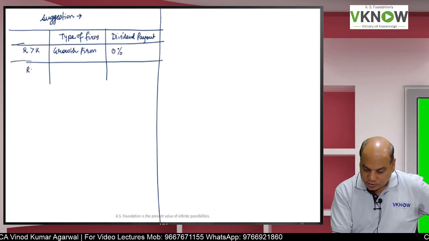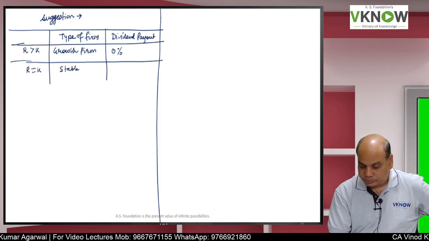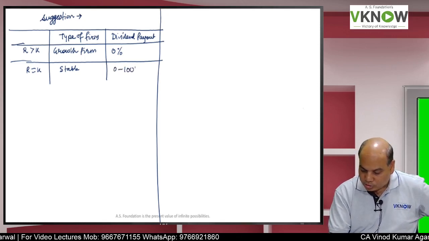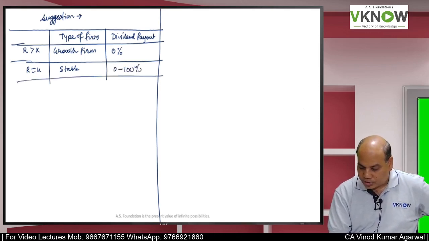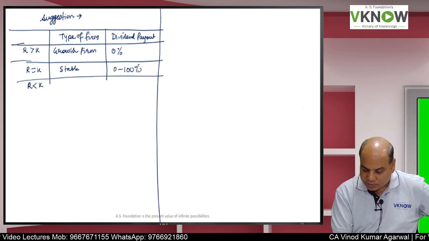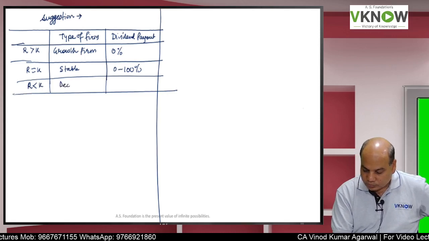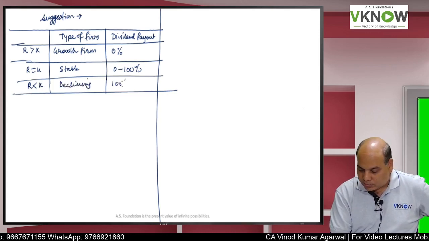If R is equal to K, it is called a stable firm. Dividend payout will be anything between 0 to 100%. And if R is less than K, it is a declining firm. 100% payout.